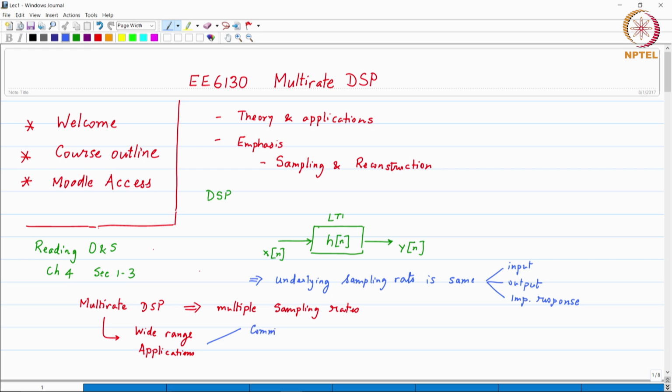So in the area of communications, and in the area of speech and image processing, it is also very useful for us. Also, you'll find that multi-rate signal processing has many applications on the modem side, on the receiver side, and on the transmitter side.